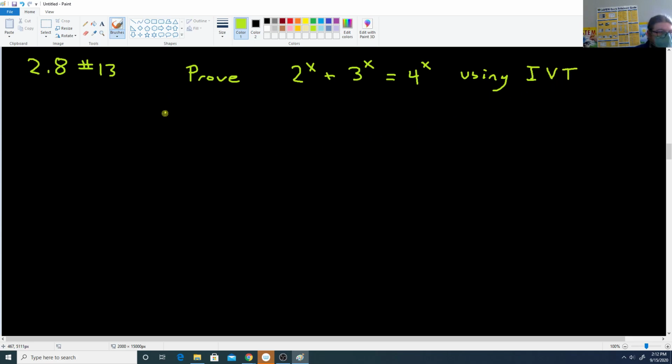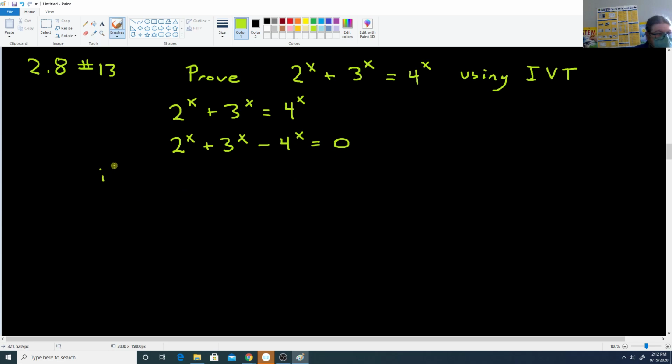So we're going to note that 2 to the x plus 3 to the x equals 4 to the x. That equation, we could move the 4 to the x across and say, let's look at 2 to the x plus 3 to the x minus 4 to the x equals 0.